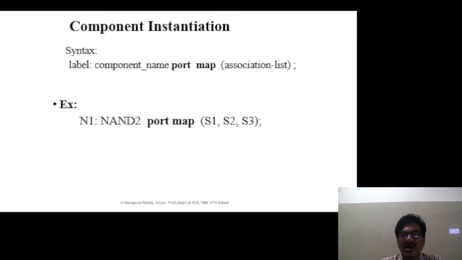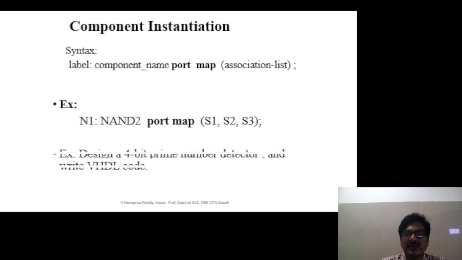Then port map of the different inputs and outputs as per the logic diagram: which inputs are connected to that component and which output. What are the object names, signal names or wire names? As per the diagram, you can write the association list. If you write one logic diagram in the architectural model, then you can easily understand how the association list can be represented.